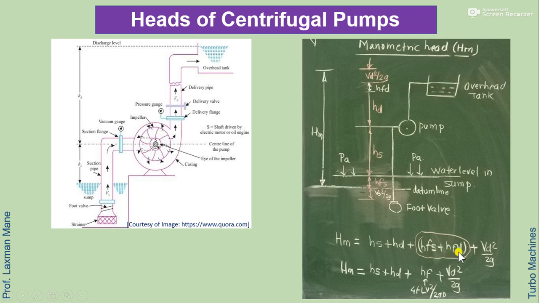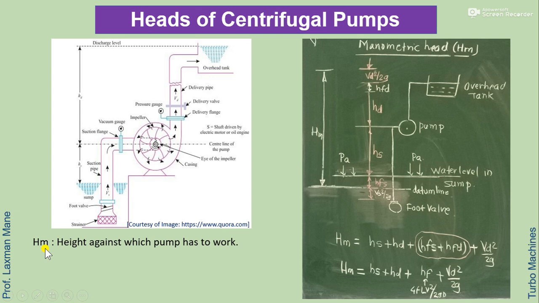Now Hfs and Hfd together can be calculated as Hf. It is given by the Darcy-Weisbach equation, means 4fLV²/2gD, where f is the coefficient of friction of pipe material, L is the total length, means suction plus delivery pipe, V is the velocity in the delivery pipe, and D is the diameter of pipe.